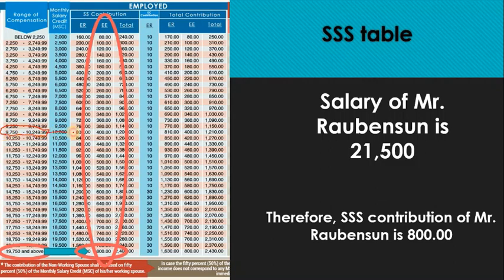We're going to check it here. There you have it. You will be deducted 400 pesos. That is the SSS table, or how you are going to know your deduction for your SSS. Okay, so that's how it works.